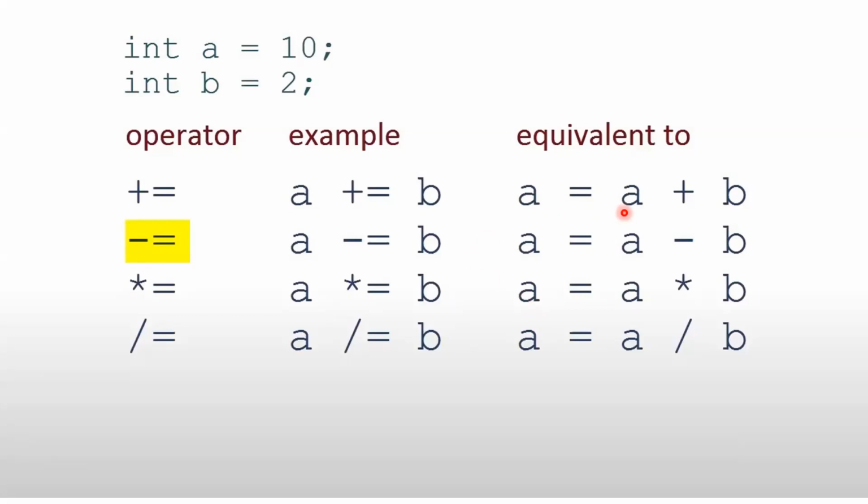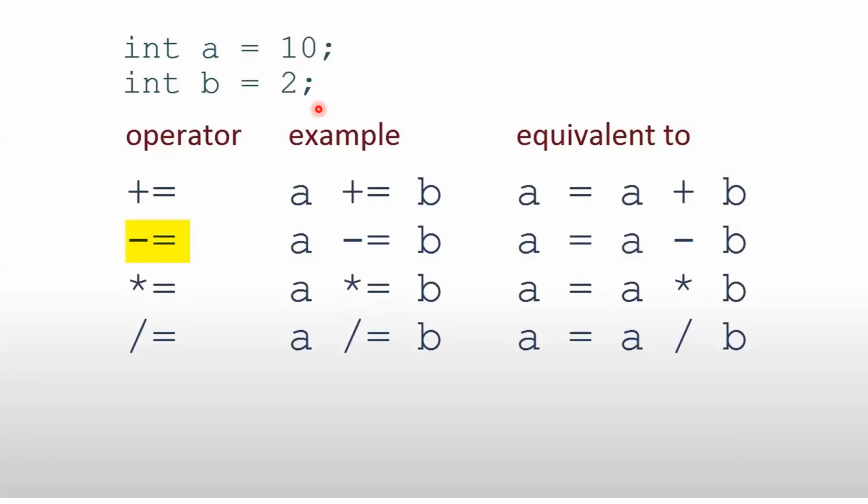This is the compound assignment in which one variable is assigned multiple times. Okay? The value of a will be varied. How? Suppose the value of a is 10, okay, and b is 2. When you add these two values, the value of this a is, yes girls, tell me. If the value of a is 10 plus the value of b is 2, then the value of this a is 12. I repeat it.